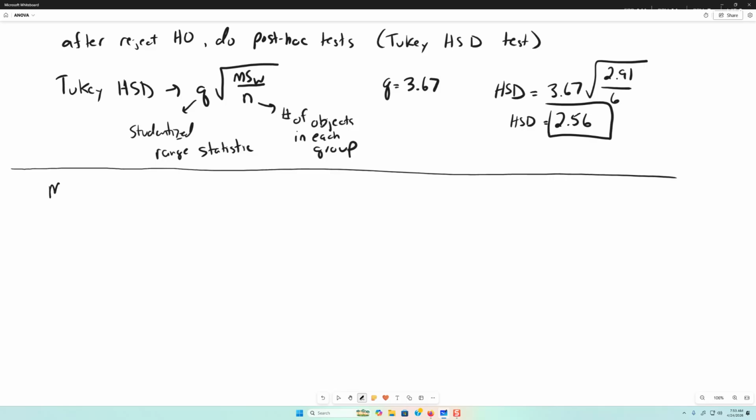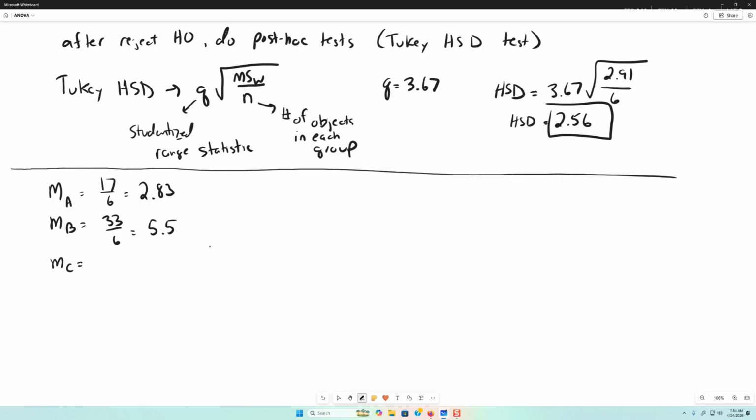We need to find the mean of A, which is 17 over 6. So that's 2.83. We need to find the mean of B, which is 33 over 6, which gives us 5.5, and the mean of C, 34 over 6, which gives us 5.67. These are our three means.